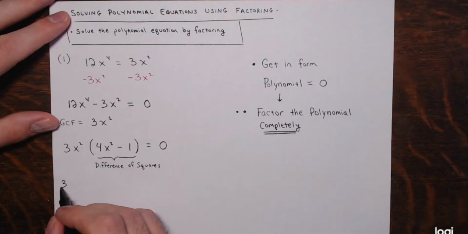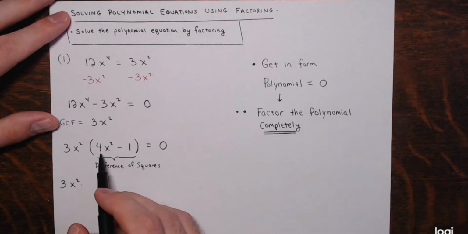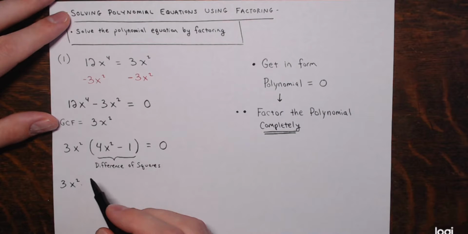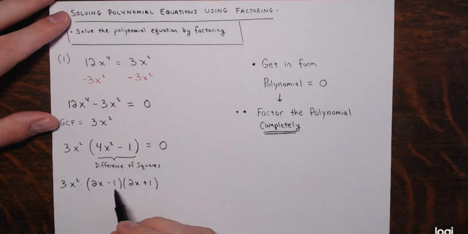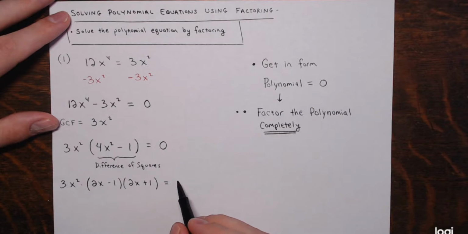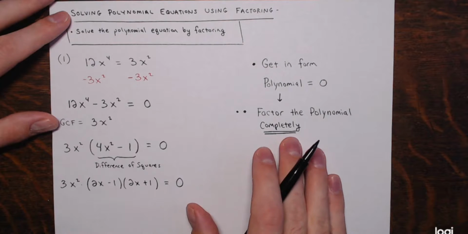So we have 3x squared, right? 3 times x squared times, and then 4x squared minus 1 factors to 2x minus 1 times 2x plus 1, right? Or 2x plus 1 times 2x minus 1. It doesn't matter what order the factors come in. Great. All right, so now I have done what I wanted. I've factored the polynomial completely.